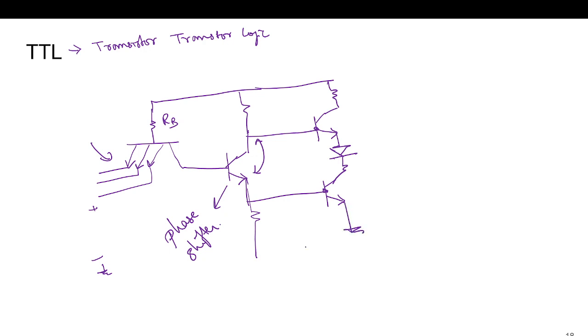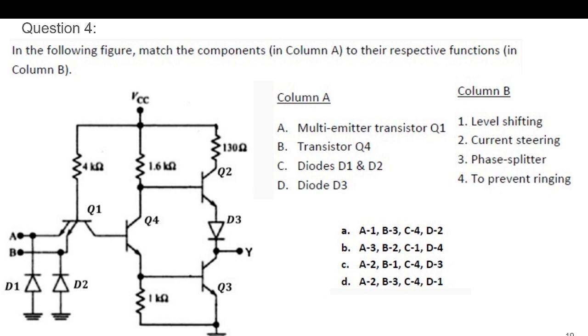And this diode will be providing level shifting, so that it will ensure that when this is on, this is off, by increasing the level of the potential. So this we will come to in this question.